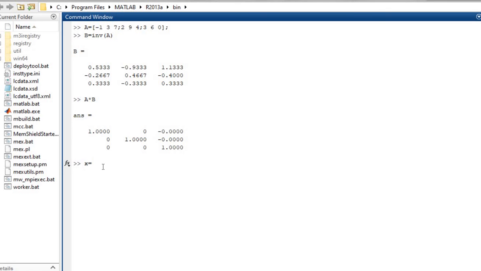So x equals A divides B. We want the right division, so right divide with the B. So we press enter. Again we take xc equal to inverse of A multiplied with the B.